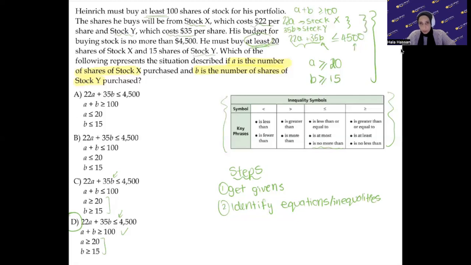We know how we represent the value we're going to pay for however many shares we get from stock X, and the value we're going to pay for however many shares we get from stock Y, so the 22A and the 35B respectively. And then we said they can't stand on their own because they're representing value, and we know that he can't spend anything more than 4,500. So we put that value over here, less than or equal to 4,500. That was us identifying an equation.